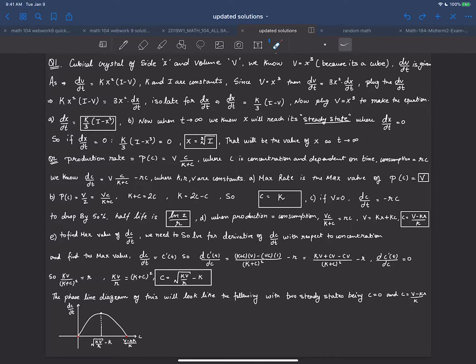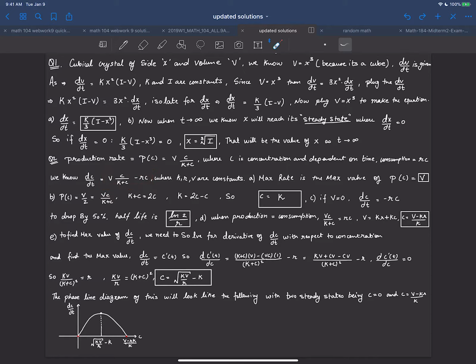And now this is where it's tricky. We're trying to figure out at what concentration dC/dt is at its maximum. If you observe right here, dC/dt is nothing but a function of C. So if you're trying to find which C maximizes this function, we're just doing optimization here.